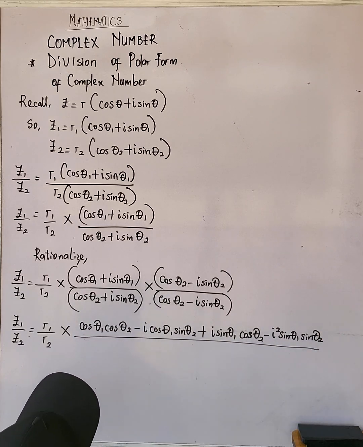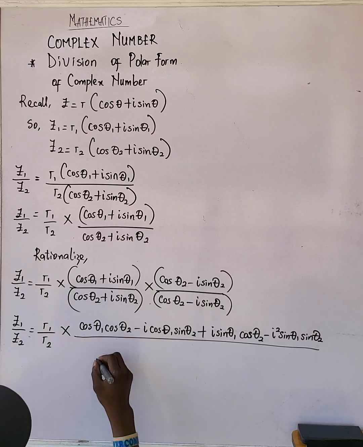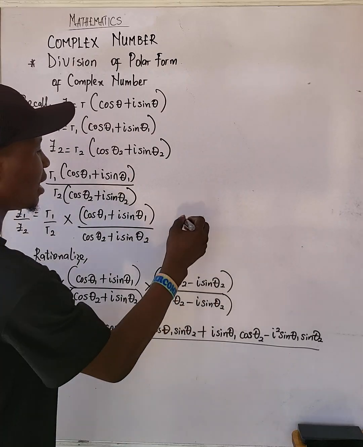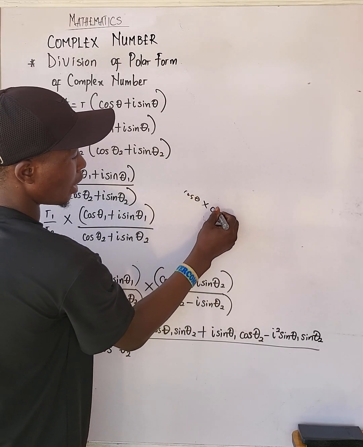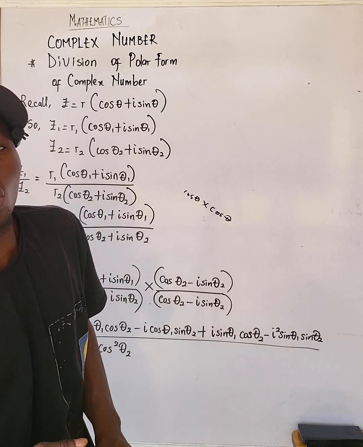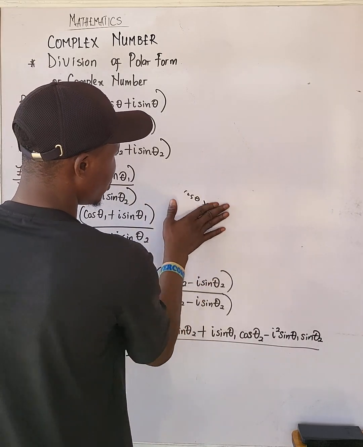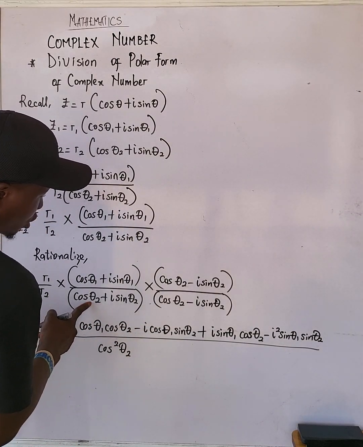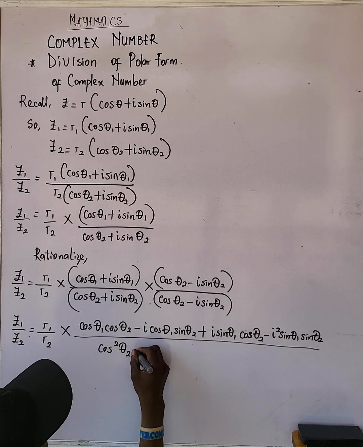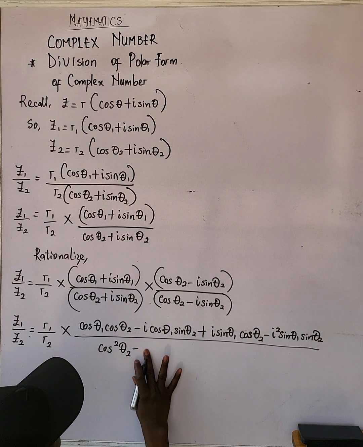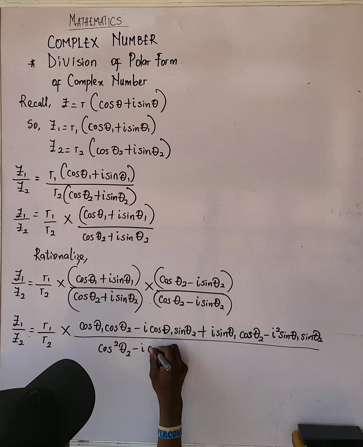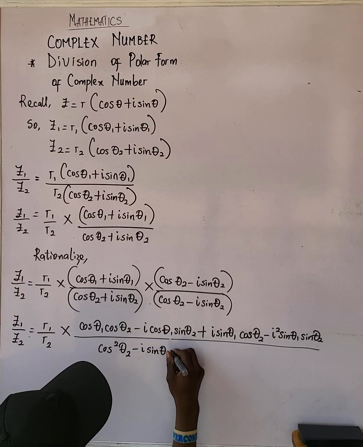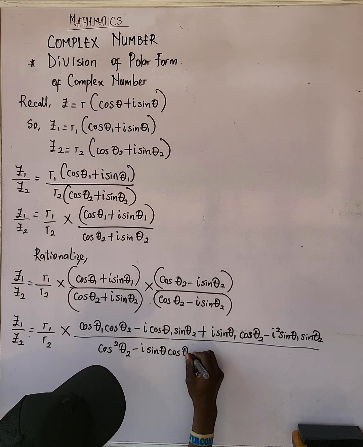Then everything over: cos theta 2 multiplied by cos theta 2 will give us cos square theta 2. Cos theta 2 multiplied by minus i sin theta 2 will give us minus i sin theta 2 cos theta 2, right?